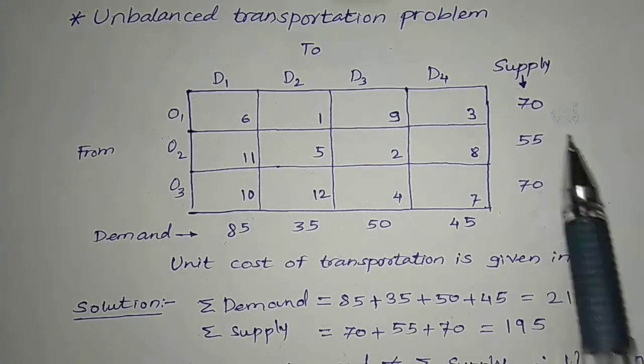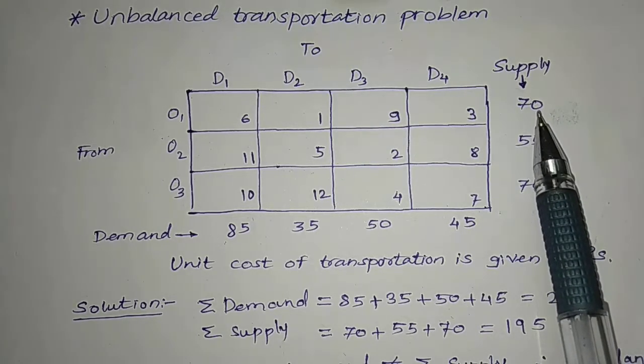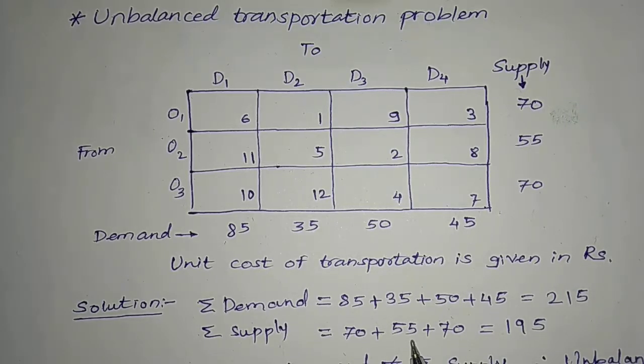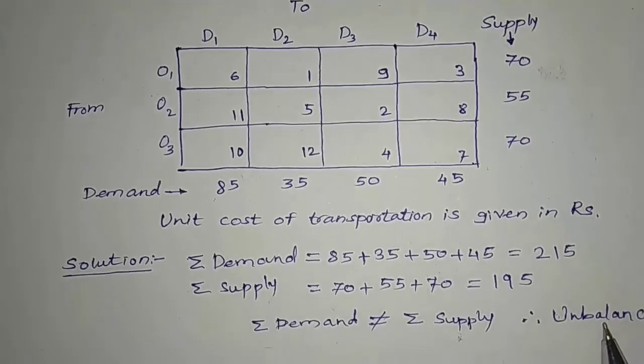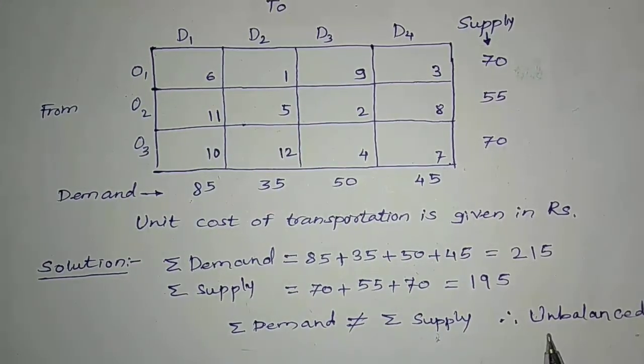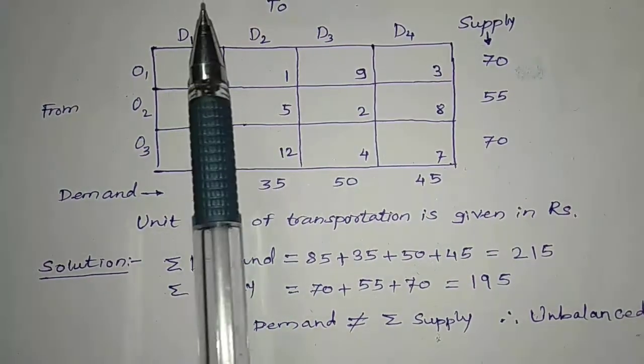Now if you sum the supplies, it comes to 70 plus 55 plus 70 equal to 195. Here, the sum of demands is not equal to the sum of supplies. Therefore this problem is called an unbalanced transportation problem. So this is a special case of transportation problem.